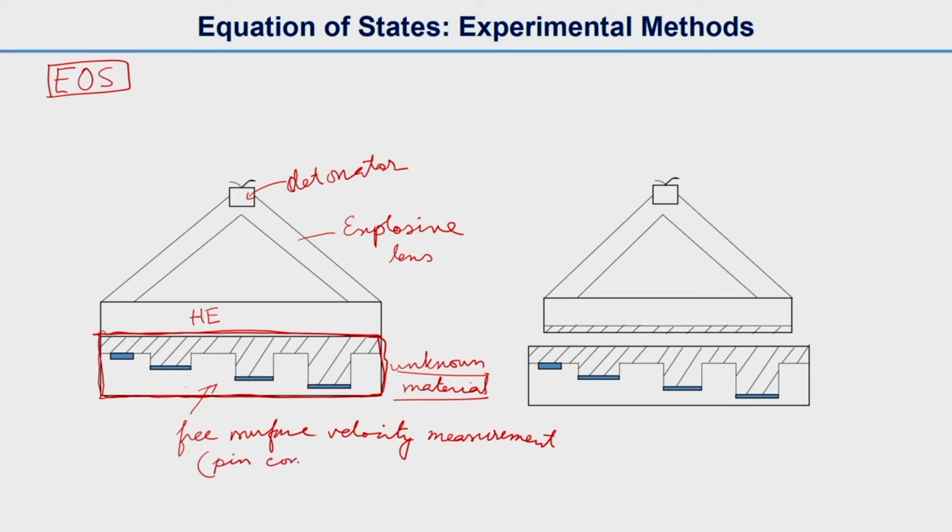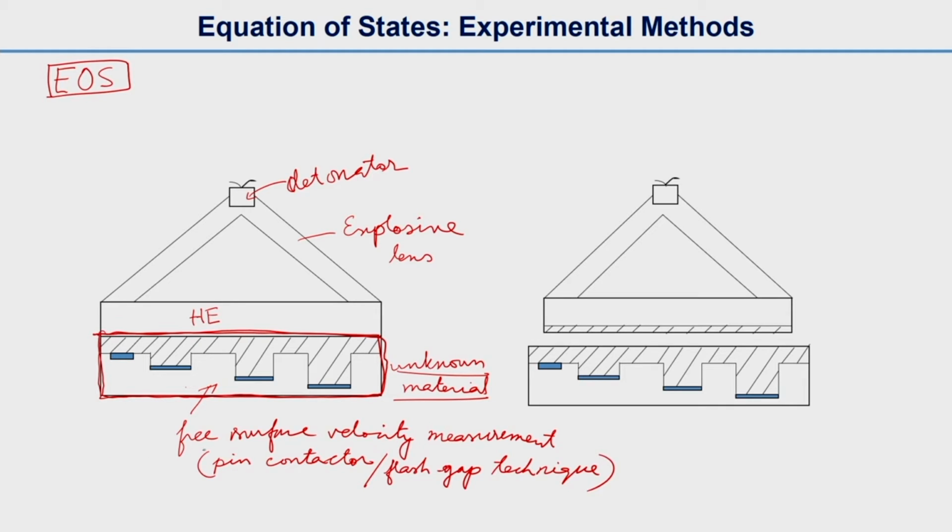These are some arrangements to get the free surface velocity. We can get the shock wave velocity or particle velocity here with pin contactors, or there is another method called the flash gap technique. If time permits, we can discuss this later in another chapter.